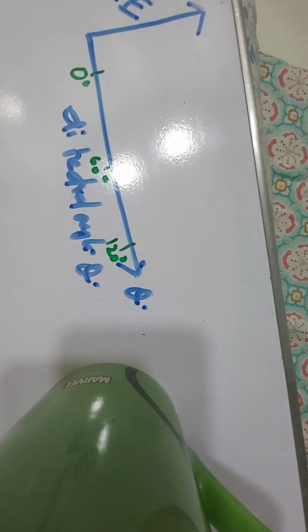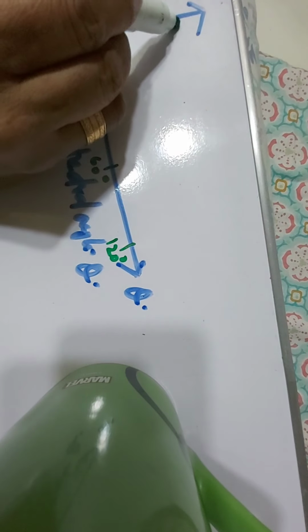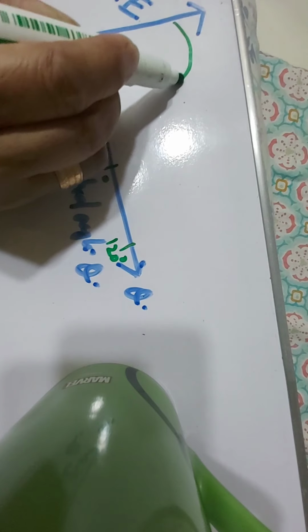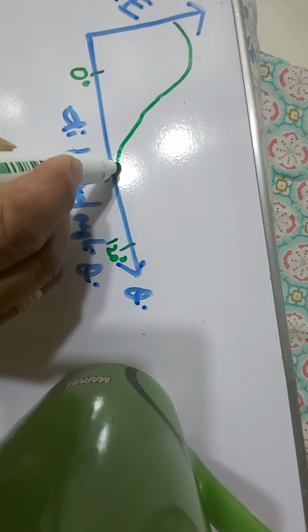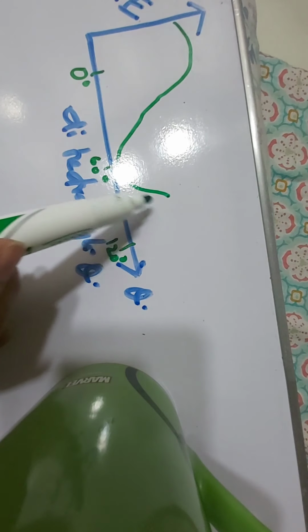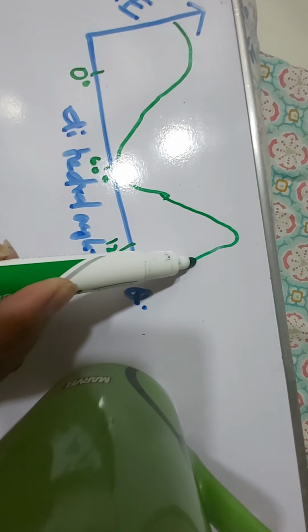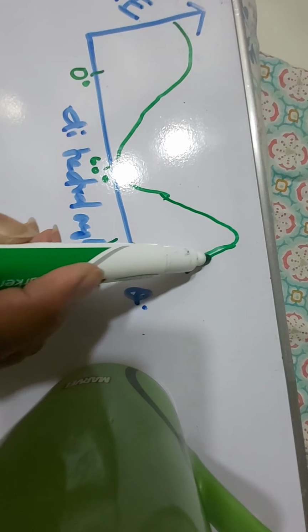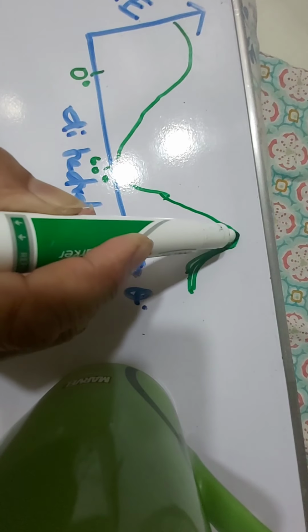The torsional energy of the eclipsed conformation is about 13.8 kilojoules, which would be like this, right? Then again it will go up, and then again it will decline. It will be like that, right? It will go up.